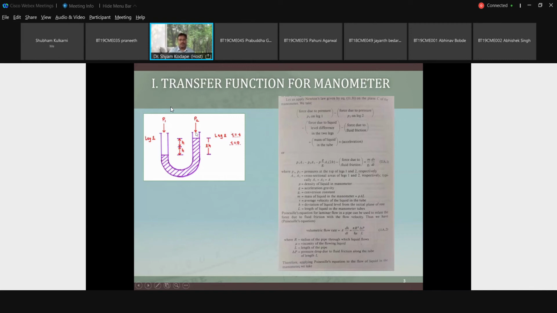Why? Because our sign convention says that whatever acts opposite to the direction of the motion of the liquid is treated as negative. P2 is pointing downward, but it is opposite to the motion of the liquid. Motion is from leg 1 to leg 2, and P2 acts from leg 2 to leg 1. Therefore, it is considered negative. Is this okay?